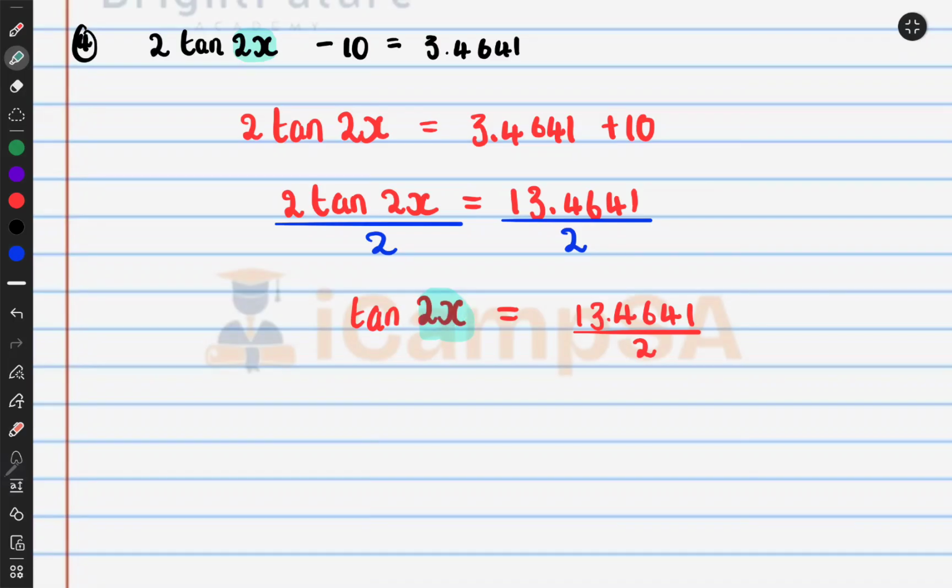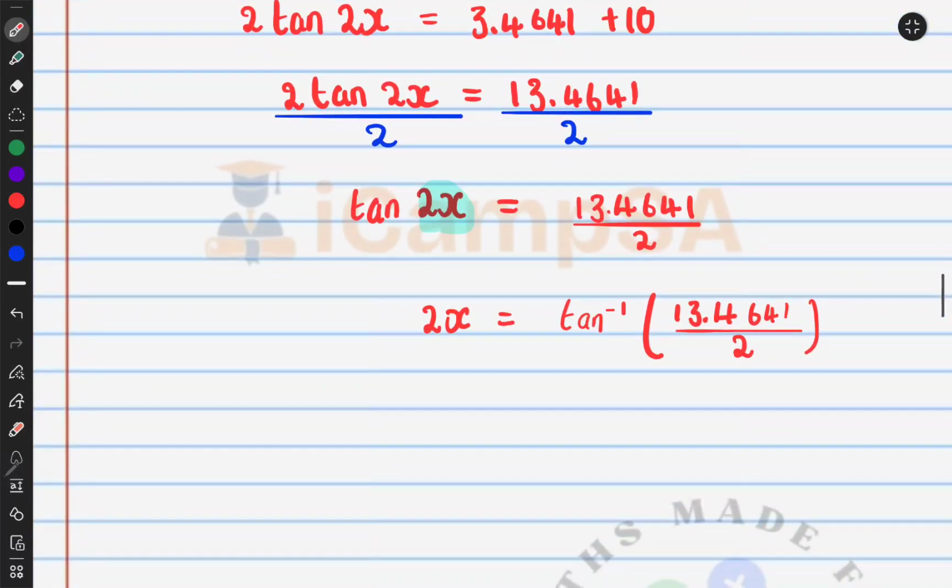Okay, and then next let's isolate 2x. In order to isolate 2x we have to take tan to the other side. Therefore we're going to have 2x is equal to tan inverse, following the steps I've laid out, tan inverse of 13.4641 over 2. Let's evaluate that using our calculator. Tan inverse of 13.4641 over 2 is equal to 81.55.